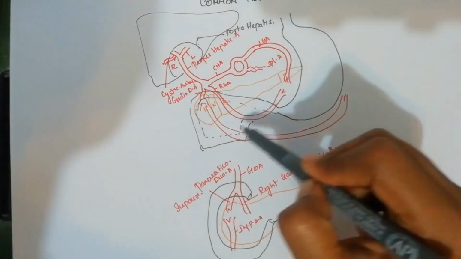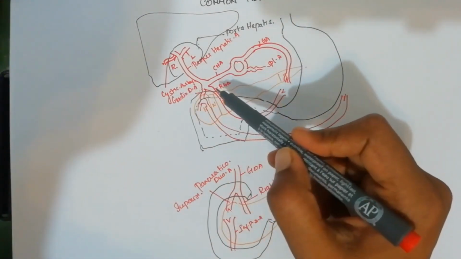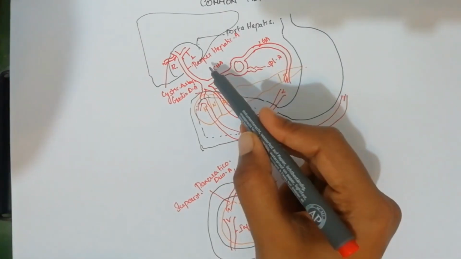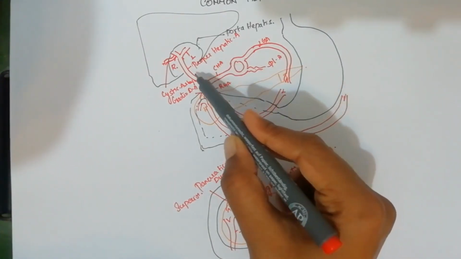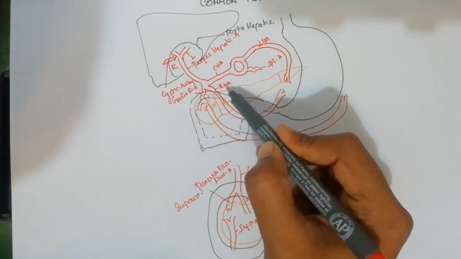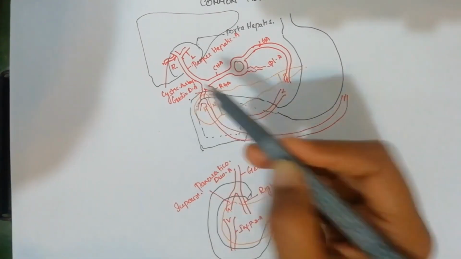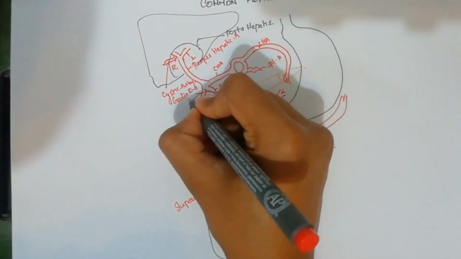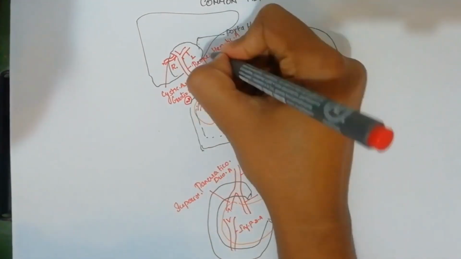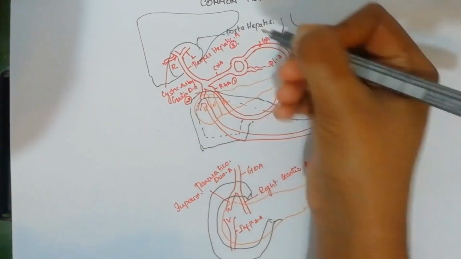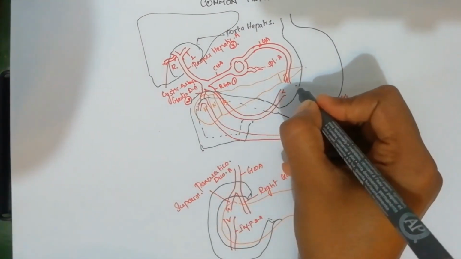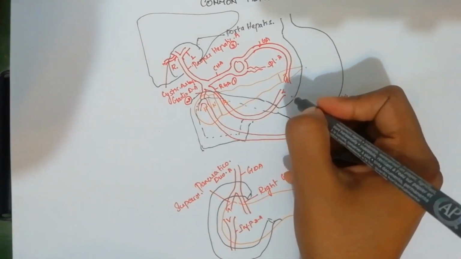So this is how we have branches coming out from the common hepatic artery. This is the common hepatic artery, which is dividing into three branches. The first branch is the right gastric, the second branch is the gastroduodenal artery, and the third branch is the proper hepatic. Right gastric anastomoses with left gastric near the lesser curvature of the stomach.